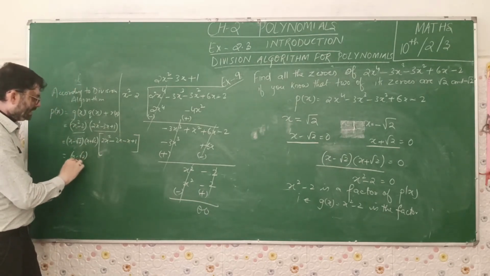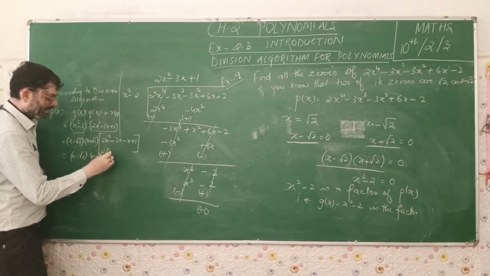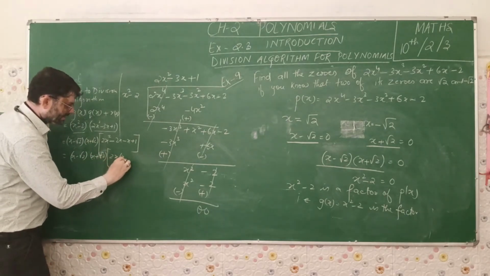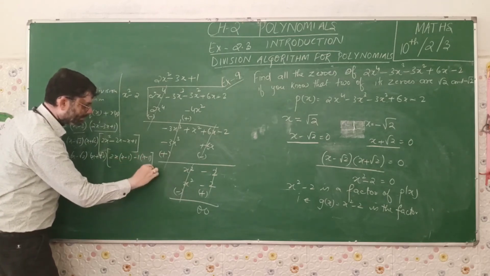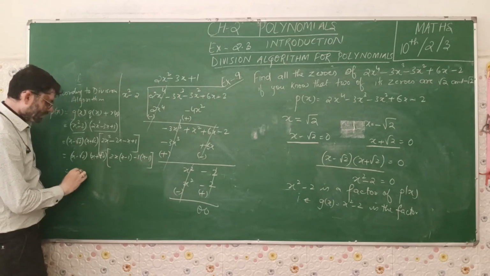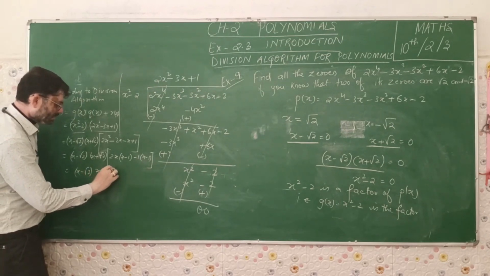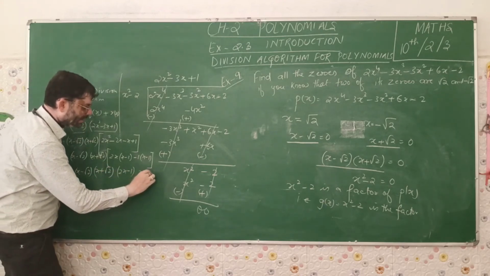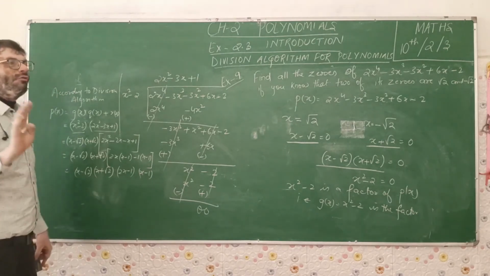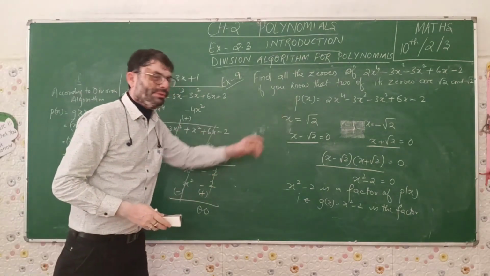Continuing, x minus root 2, x plus root 2, and here this is 2x into x minus 1 and minus 1 into x minus 1. So we get all the factors as x minus root 2, x plus root 2, 2x minus 1, and x minus 1. These are all the four factors that are possible for the given polynomial P of x.